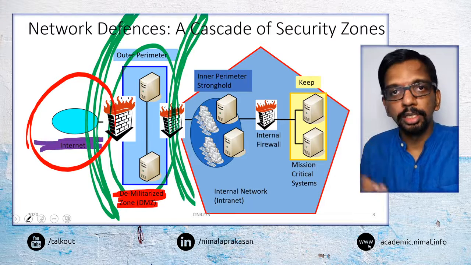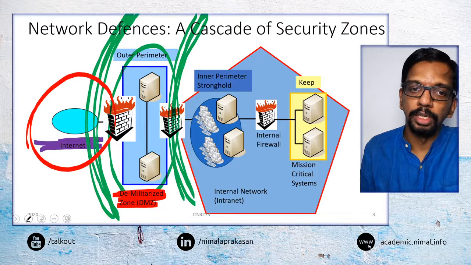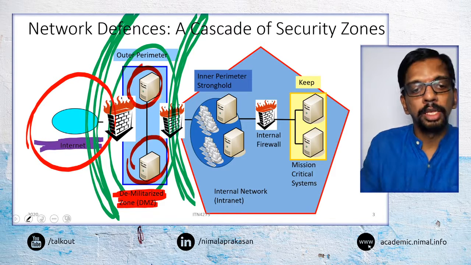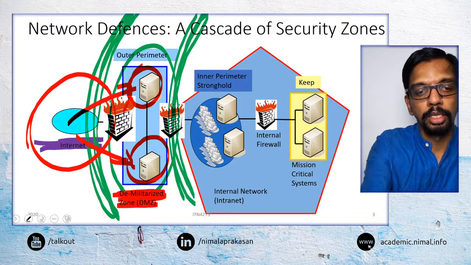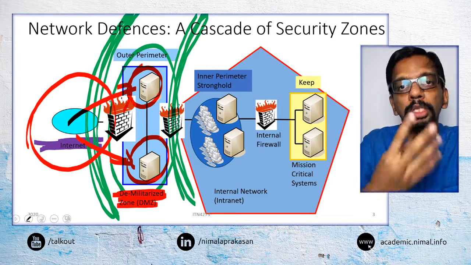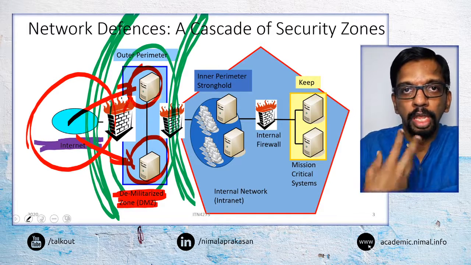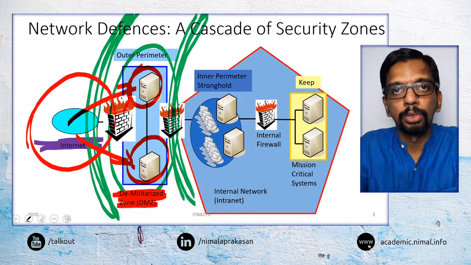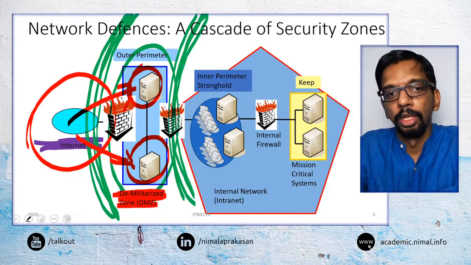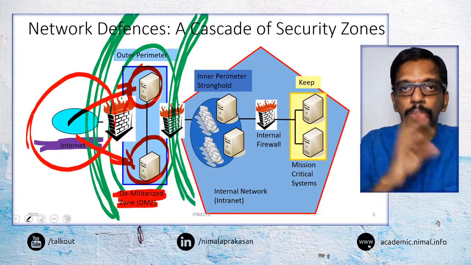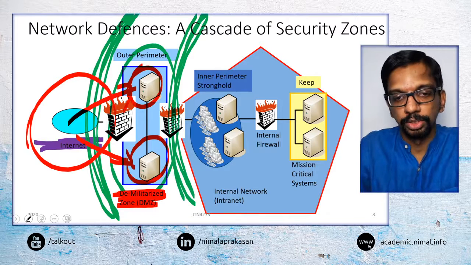The main purpose is that these resources may need to be accessed by the outside world without many restrictions. For example, if we have a web server, there is a necessity for web traffic to come through to that server, so we should allow that type of traffic flow in that environment. So we can have that in the demilitarized zone, so people can still access that resource.